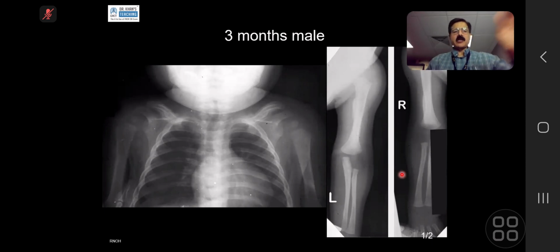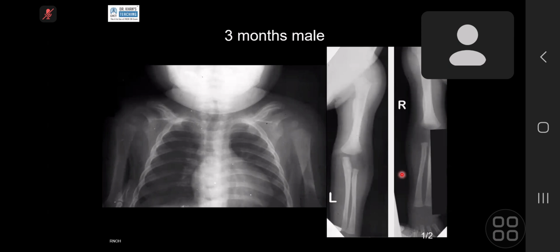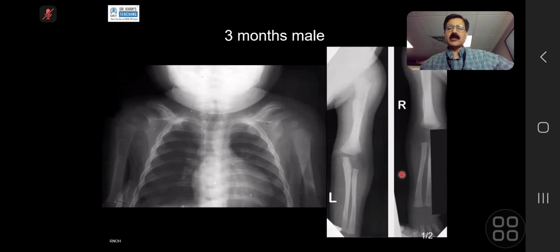The feedback is about how important your theoretical knowledge is. You picked up the findings beautifully, but you were not able to diagnose it for the simple reason that you did not remember the age of Caffey's disease. It is anywhere between 9 weeks to 5 months. 9 weeks means 2 months.